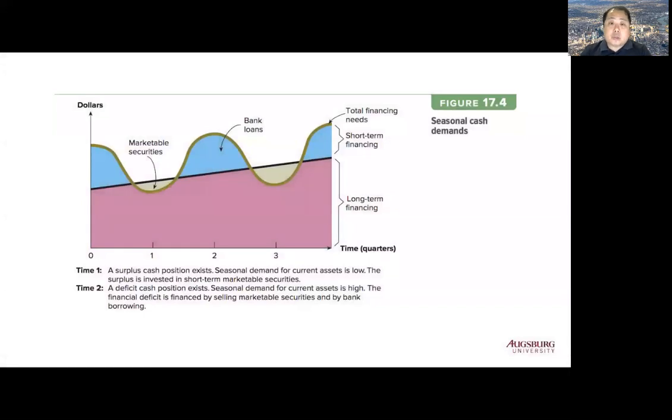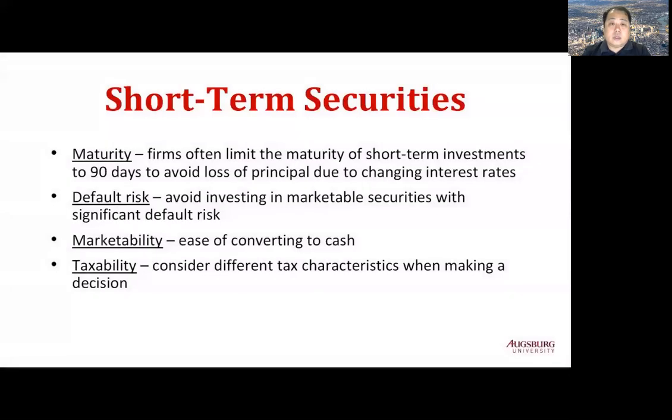The figure shows a compromise short-term financing policy. The blue part is short-term loans, and the green part is held by marketable securities. When we decide which short-term securities we will invest in, several factors should be considered.